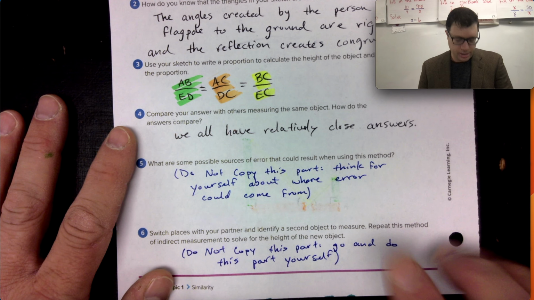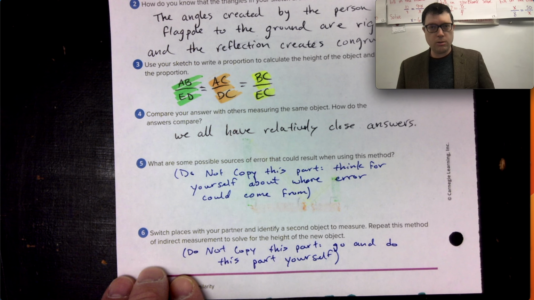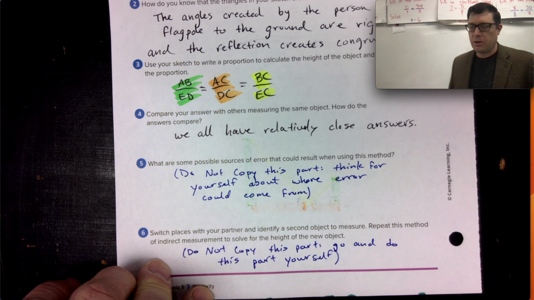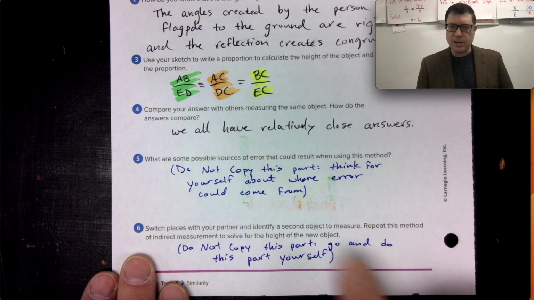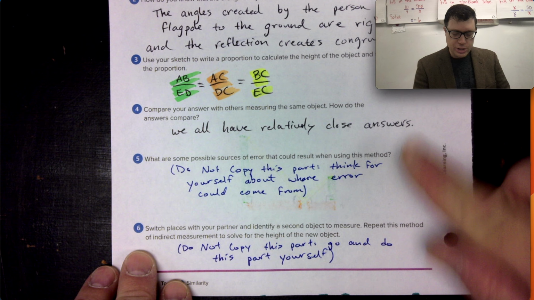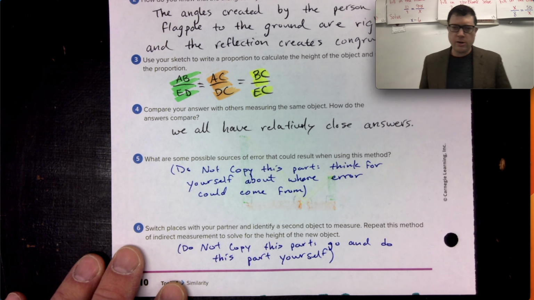Honestly, though, don't copy this part. Think for yourself about where your error came from or where your partner's error came from. Usually it's in the measurement of things, but think about that. What could be reasons that we don't all have exactly the same answer? Because if you do, I know you did it wrong.